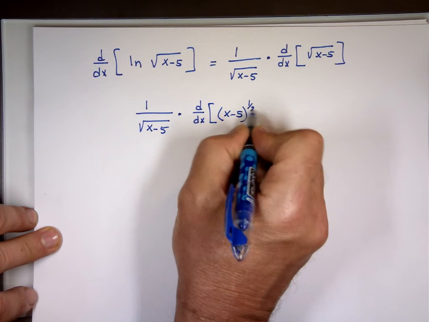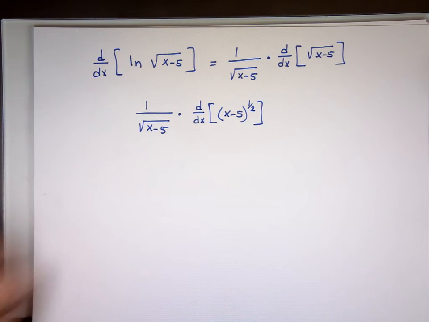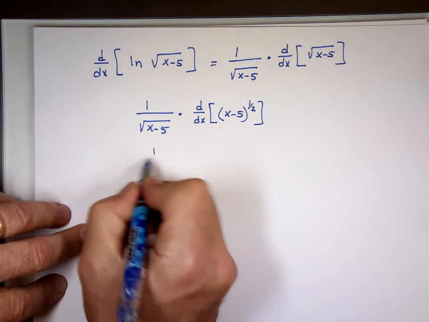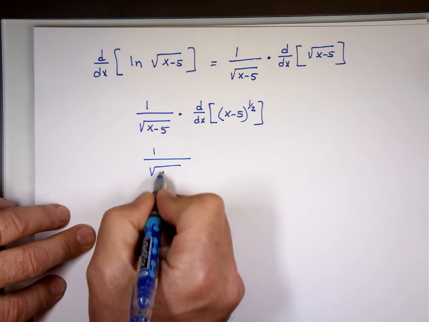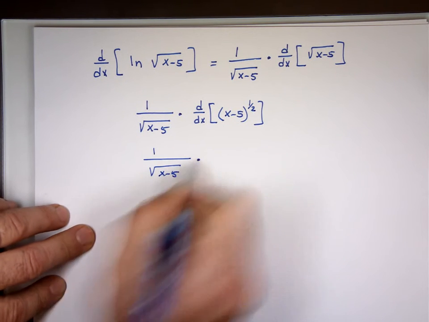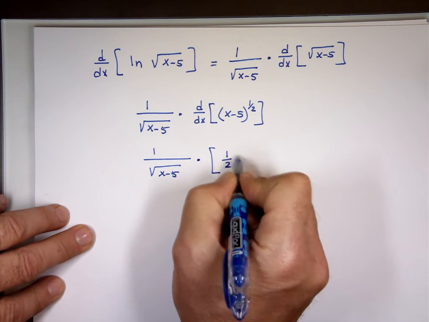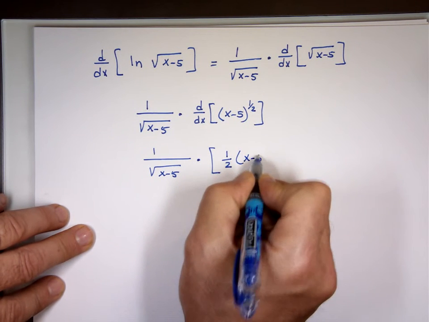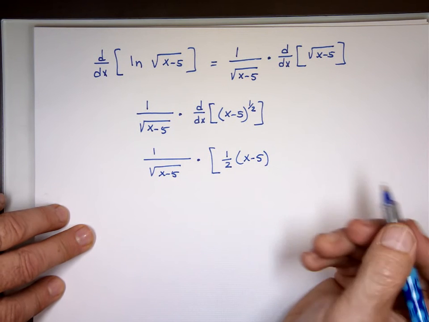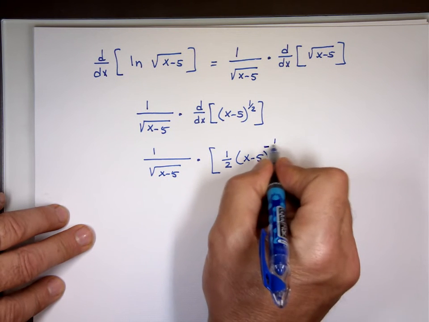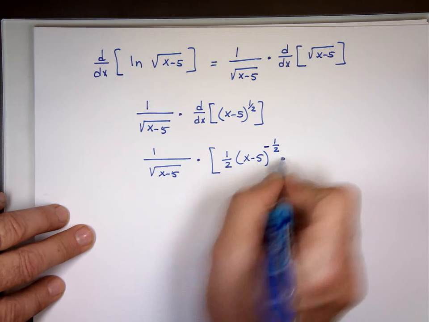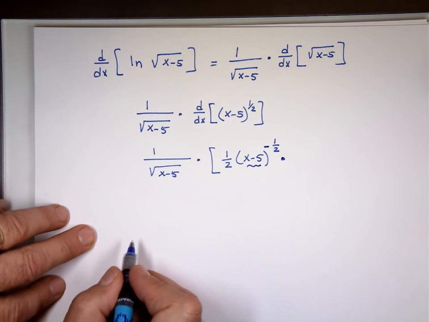So notice the power is different than 1. Let's take the derivative of that. We move the power to the front. And what do we do? Subtract 1 from the power. When you subtract 1 from the power, it becomes what? Negative 1/2 times the derivative of what's on the inside, which is 1.